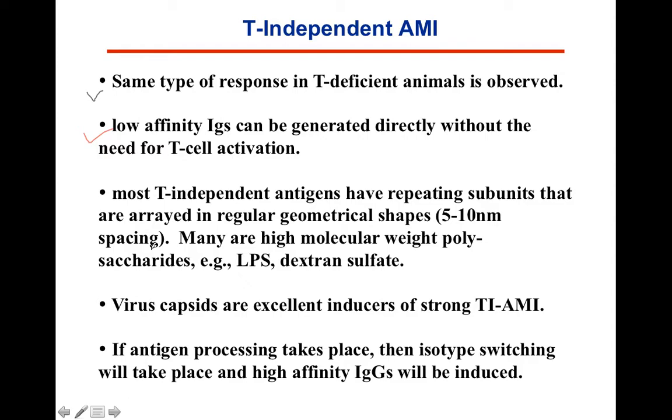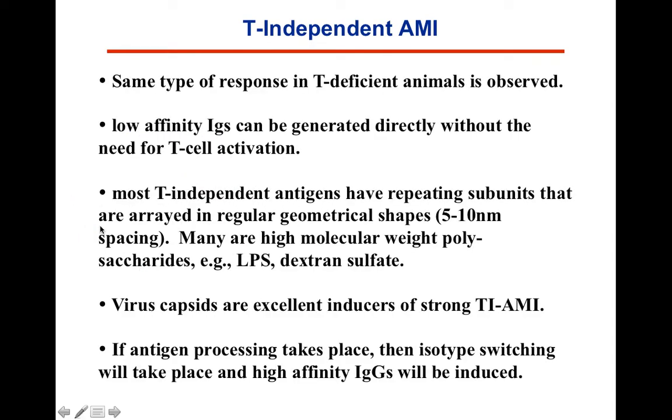Most T-independent antigens have repeating subunits that are arrayed in regular geometrical shapes, and many are high molecular weight polysaccharides, for example, like LPS or dextran sulfate. And it'll become clear why when we see the mechanism.